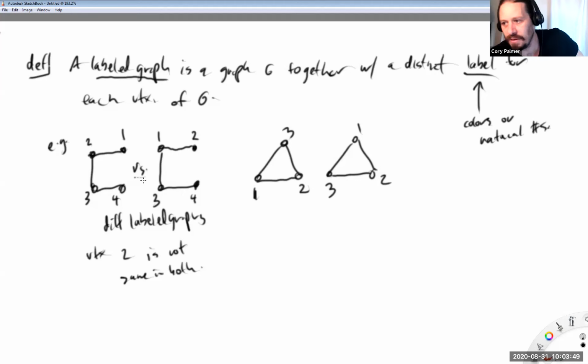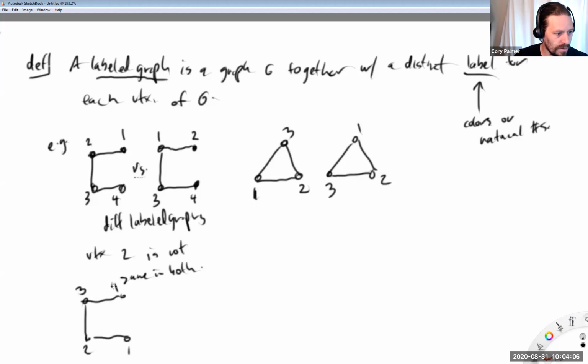So the number of ways to label a graph to make it different is a challenging problem. For this one there are maybe a few other labelings, but I could draw another labeling that's equivalent to the first one but at first glance looks different. We could label it 1, 2, 3, 4, and this one looks different. If I'm thinking of these vertices in space and just choosing another labeling, where there was 1, there's 4, where there was 2, there's 3, and so on.